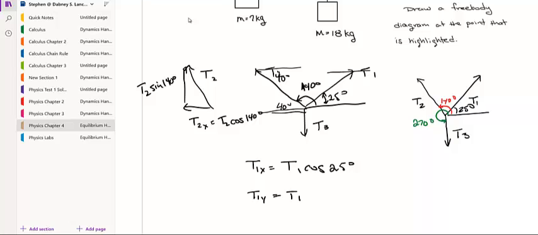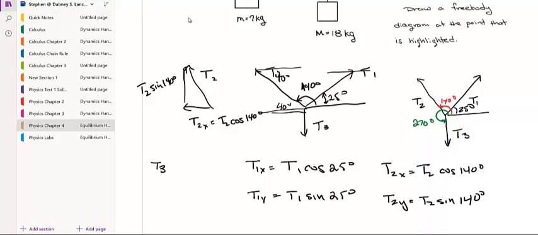T1y is equal to T1 sine of 25 degrees. T2x is equal to T2 times the cosine of 140 degrees. T2y is equal to T2 times the sine of 140 degrees.